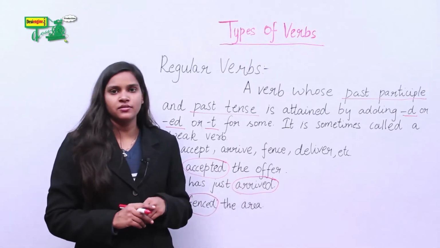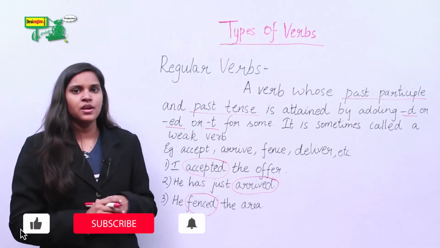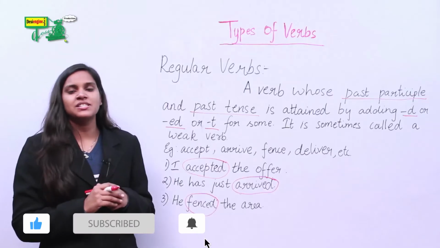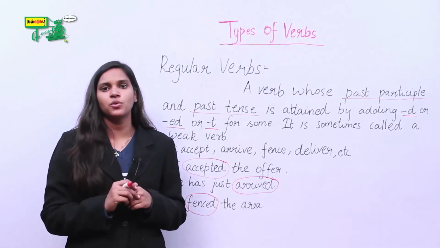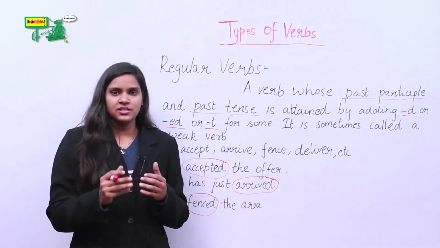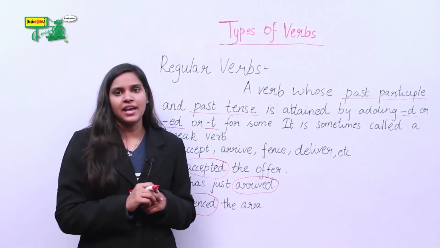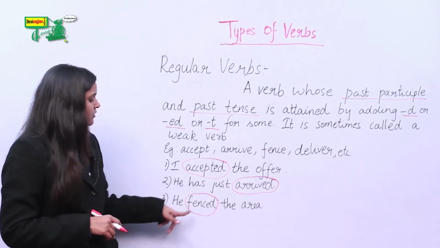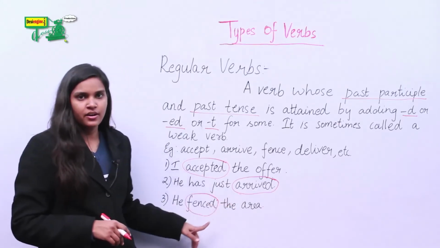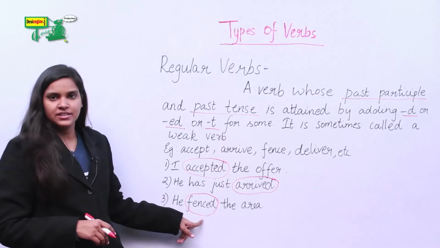Arrived is our regular verb because the main verb is arrive and the past participle and past tense of the verb arrive is attained by adding ed at the end of the verb. The next sentence, he fenced the area. Here, our regular verb is fenced.